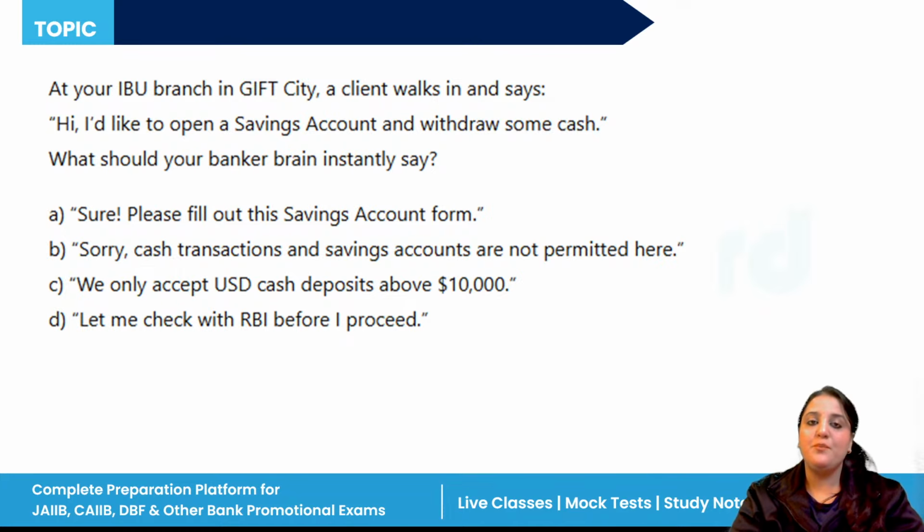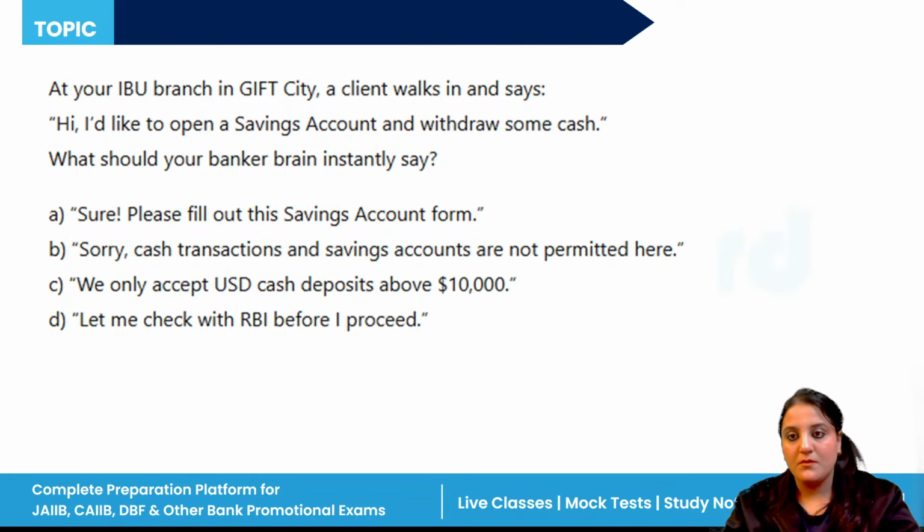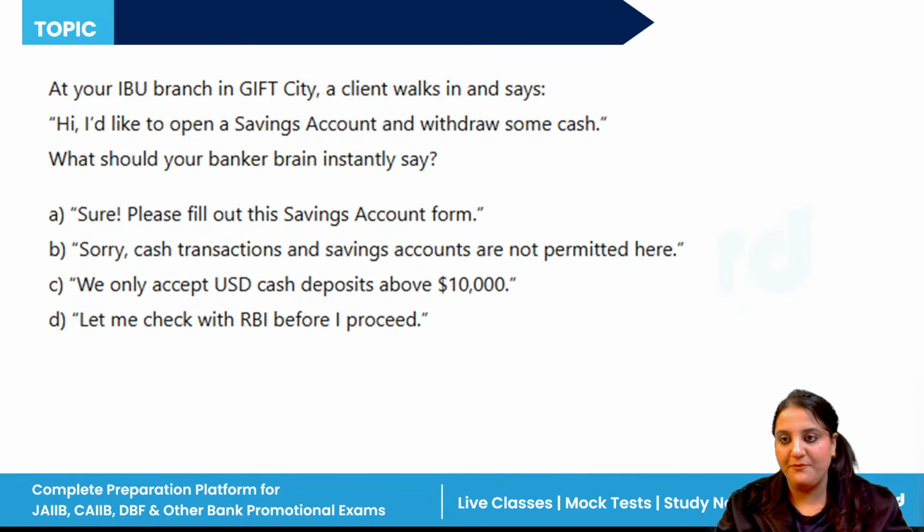At your IBU branch in GIFT City, a client walks in and says, "Hi, I would like to open a savings account and withdraw some cash." So, what should your banker brain instantly say? Obviously, an IBU is not an everyday type of bank.